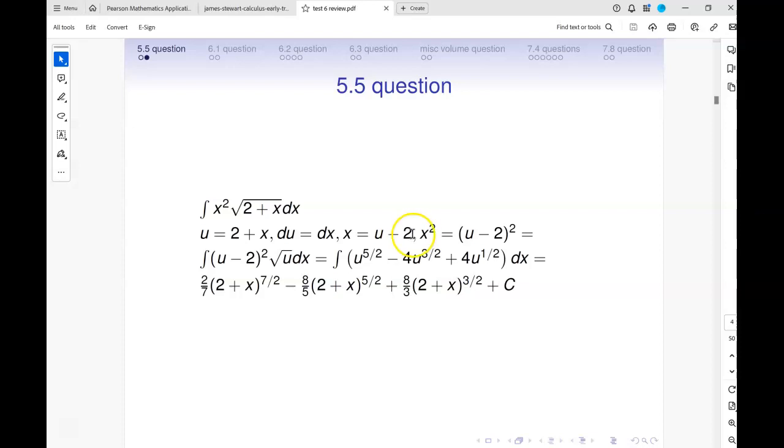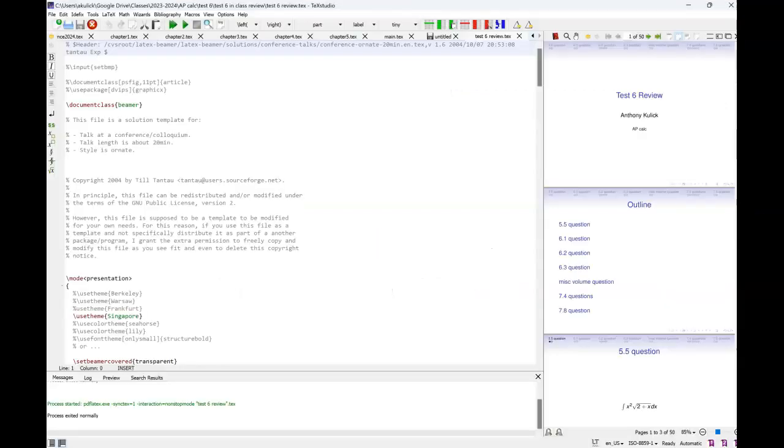So x squared should be u minus 2 squared. I made a second substitution, and that allowed me to get all u's in my integral. Then I FOILed that out and multiplied the square root in and was ready to do my antiderivative at that point. And then I subbed my 2 plus x back in for my u's. This is a double substitution. Yes, this is an example of a double substitution here.